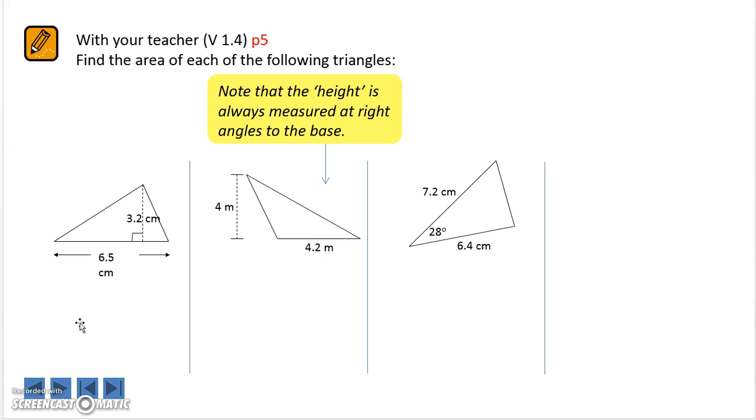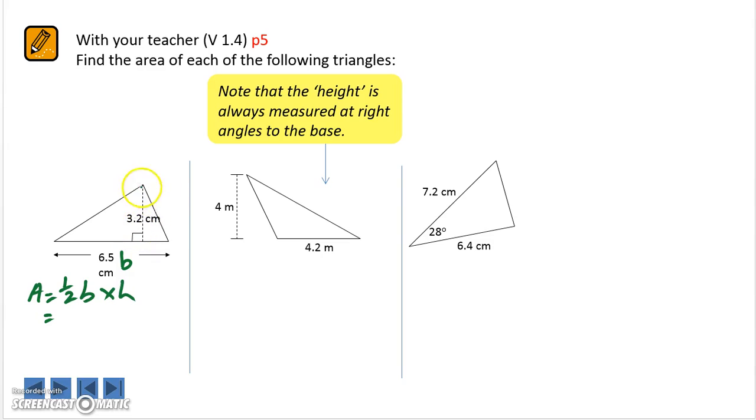So what have we got here? We have our first example where we've got our base and our height. So we're going to use that first formula. So make sure you write down all the formulas that you're using. And then it's just a matter of writing in. This is B for base, and here's 3.2 for height. So if we just write those in, half times 6.5 times 3.2, and everything you can see there's in centimetres.